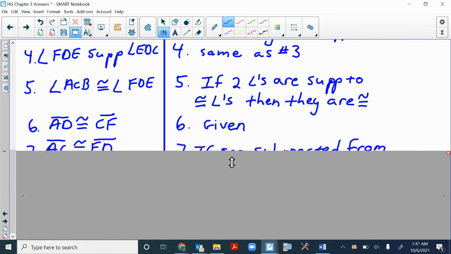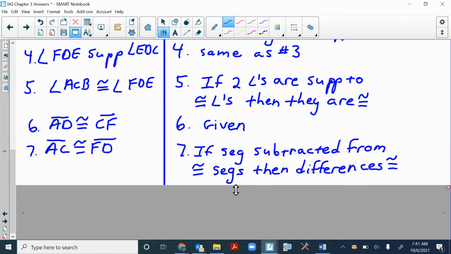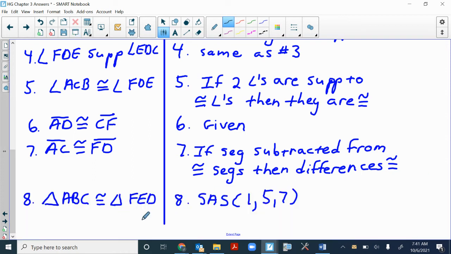AD is congruent to CF. And again, if a segment is subtracted from congruent segments, then the differences are congruent. And there's AC is congruent to FD, which is exactly what we wanted. To finish off our proof, we now can state triangle ABC is congruent to triangle FED by side angle side.